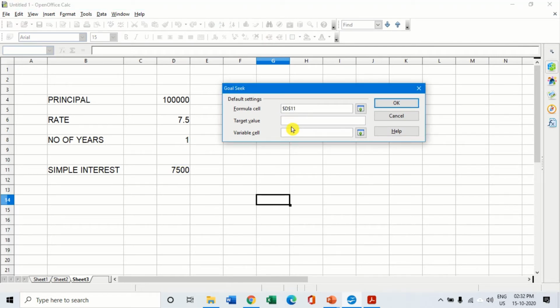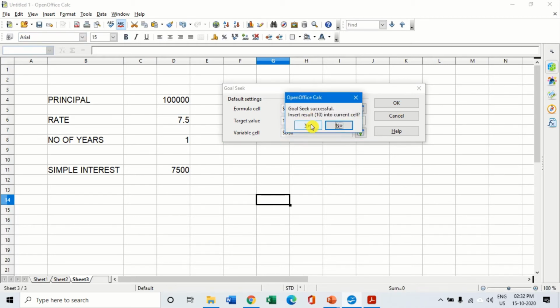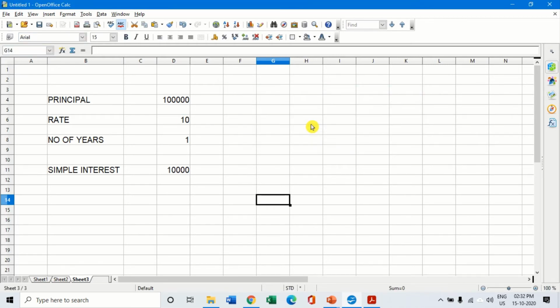My target value again is 10,000 rupees as my simple interest, but my varying cell will be the rate. I click on OK. So if I have 10% interest, then I will get 10,000 rupees on 1 lakh.